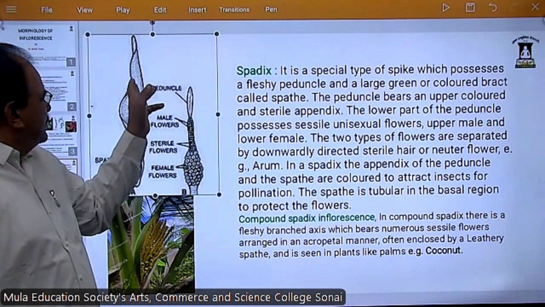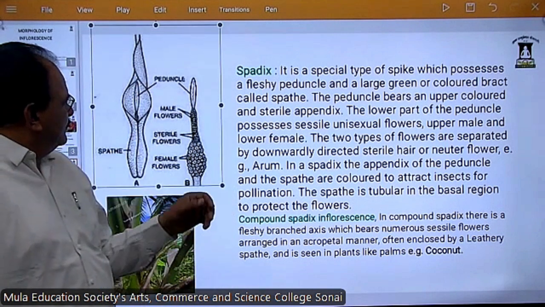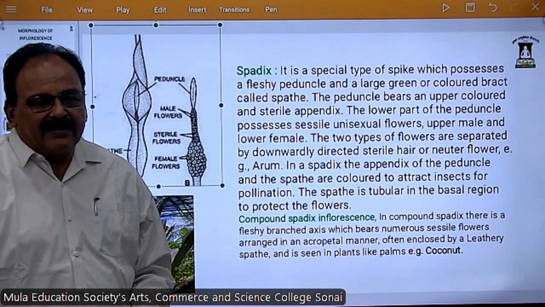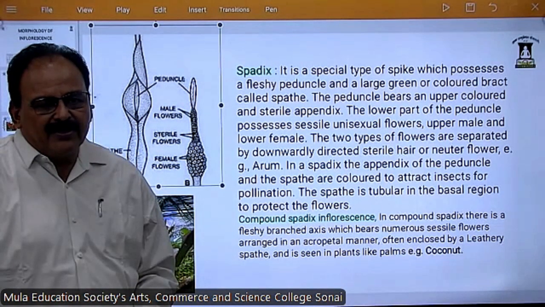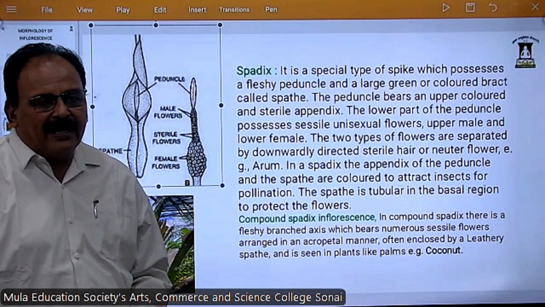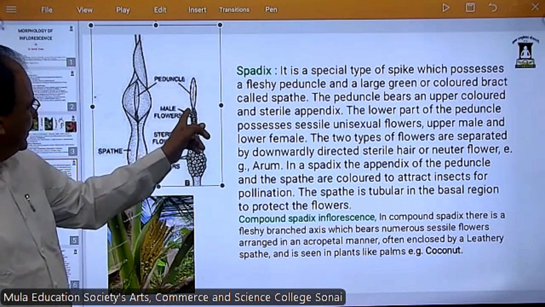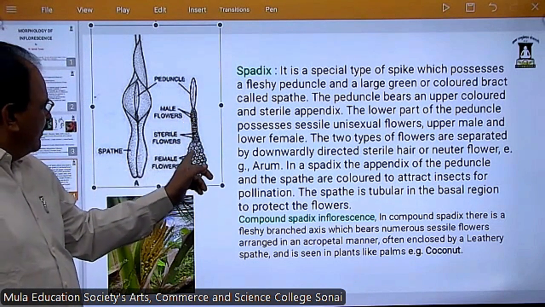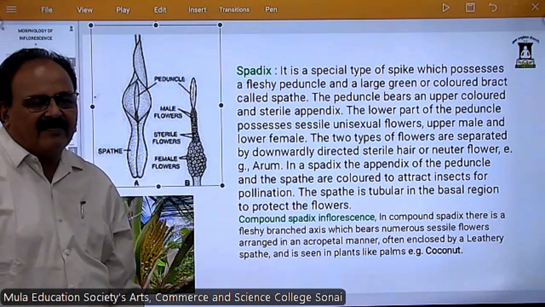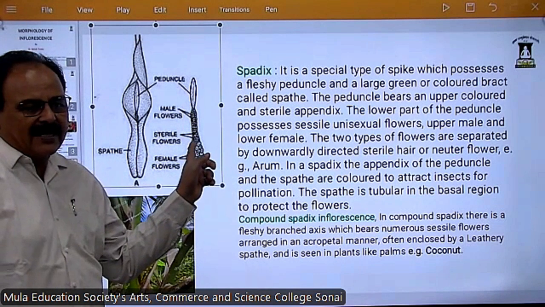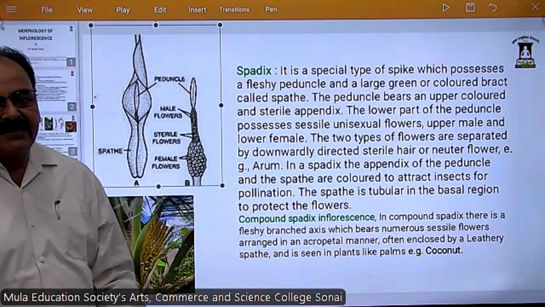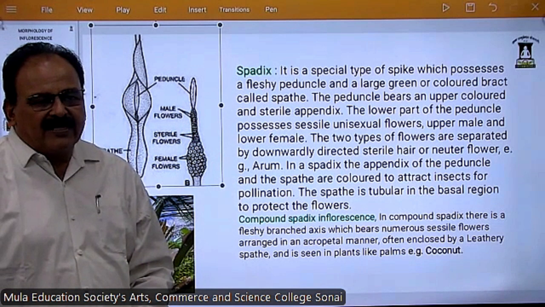This is the appendix. Then the lower part of the peduncle possesses sessile unisexual flowers, upper male and lower female flowers, and in between the male and female flowers, sterile flowers are present. For example, Arum.